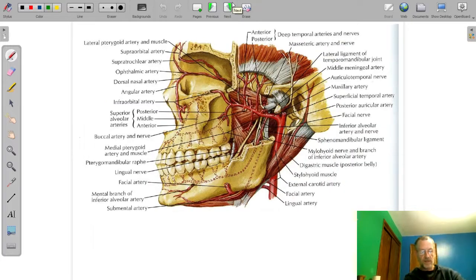So here is a better picture of the IO artery and the PSA forming those anastomoses and supplying the teeth. So here is our IO artery.